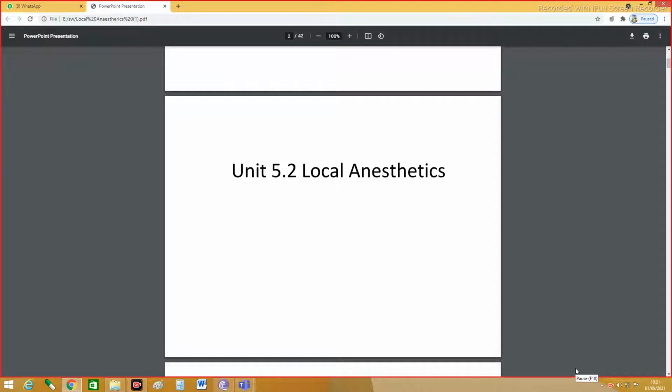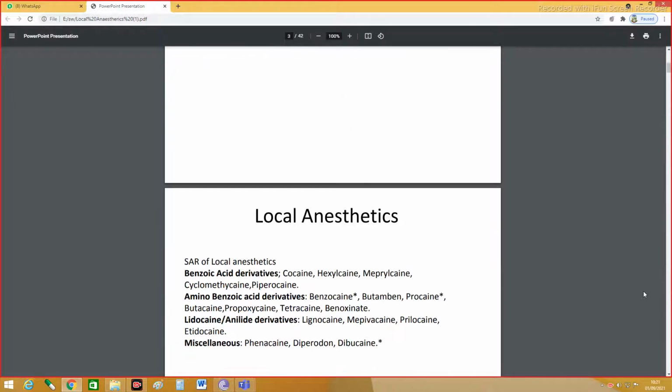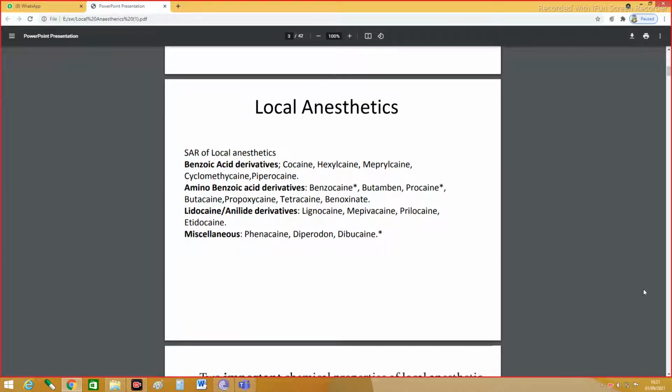Okay, we will start with unit 5.2, local anesthetics, as we are considering that is a part of your unit 5. In this local anesthetics, we are talking about SAR of local anesthetics, some of the chemical classification of local anesthetics, that is benzoic acid derivatives.